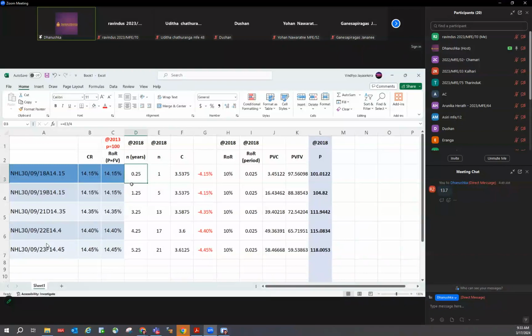As the years remaining to maturity increase, what do you see about the prices?